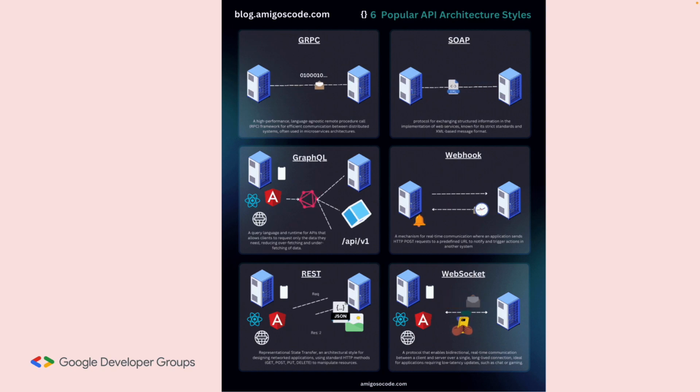Now, these are six popular API architecture styles that are heavily used nowadays. We have gRPC, SOAP, GraphQL, Webhook, REST, and WebSocket. I'm going to quickly explain all of these and then we move on. Now, gRPC is basically used if you need very fast communication or a fast response time.